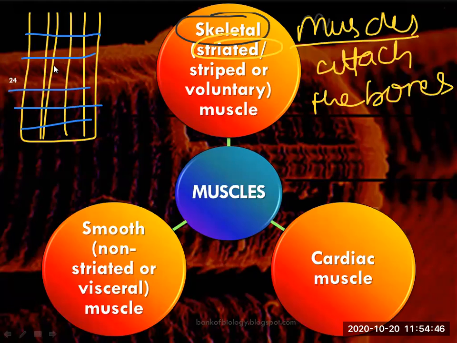Striations are present. That makes an arrangement of dark and light bands. We are going to learn this in the musculoskeletal system chapter. Simply the basics we are teaching here. Why the striations come, why dark and light bands appear, we'll see. But because of the presence of striations, we call such kind of muscle striated muscle or striped muscle.